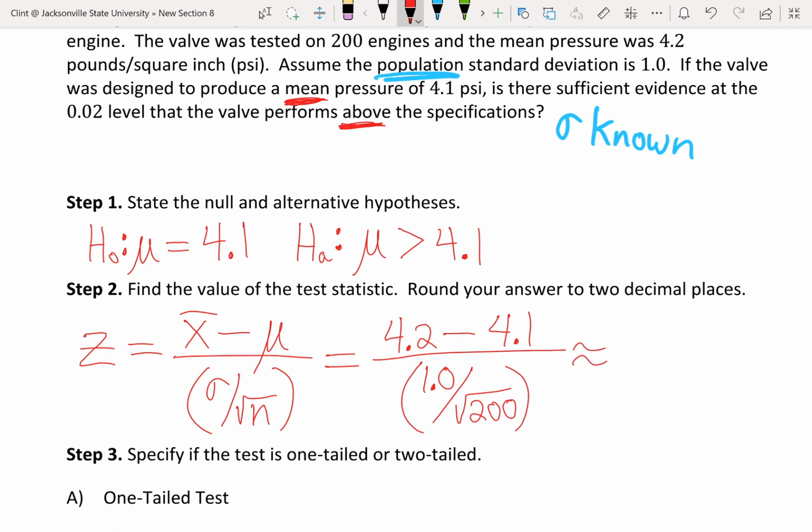We're going to round to 2 decimal places on these. So let's see. I get 1.41.